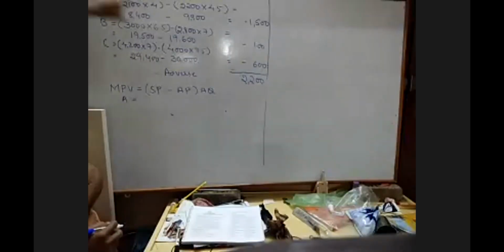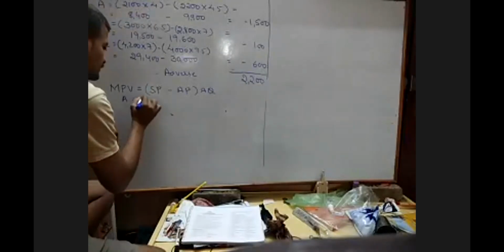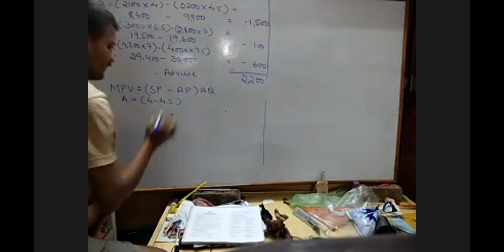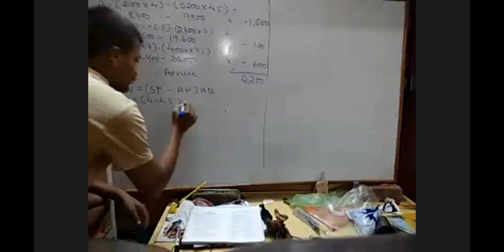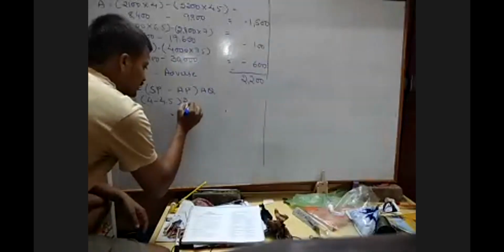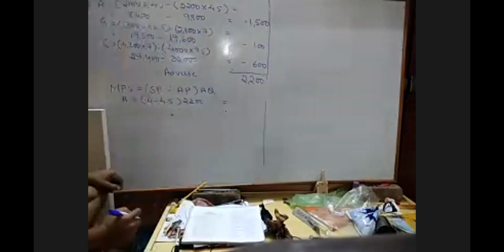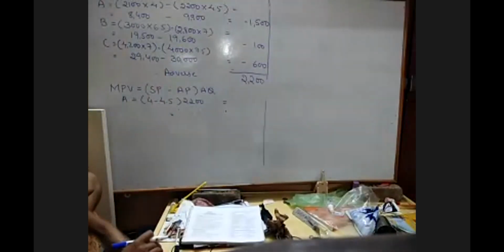Now, A: 4 minus 4.5 multiplied with 2,200. Anyone who can give me the resultant amount? Minus 1,100, adverse.